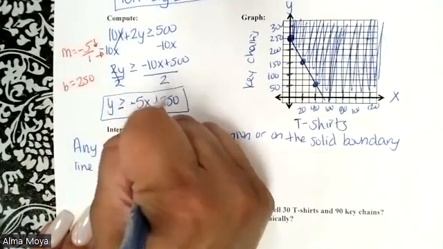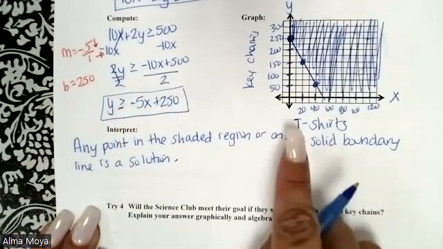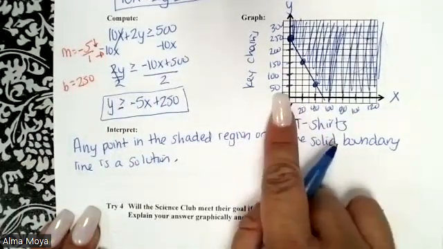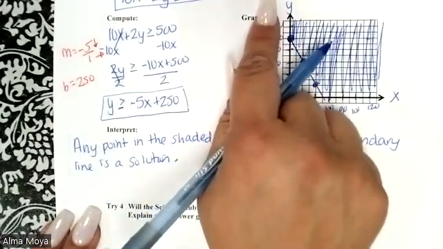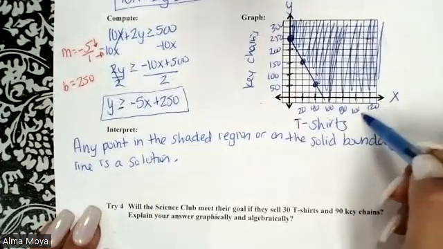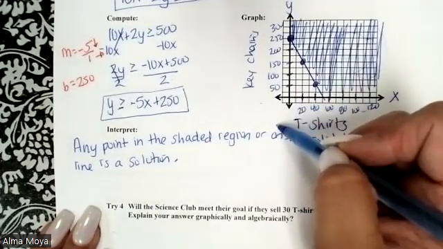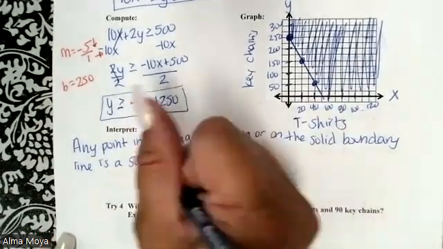However, you cannot have negative t-shirts. Even though technically on this side it is shaded, we can't have negative t-shirts and then more keychains. Same vice versa. You can't have negative keychains and shirts still. So just keep that in mind.